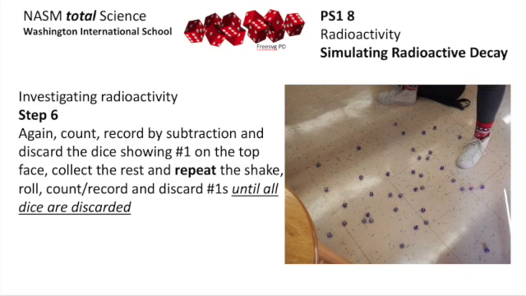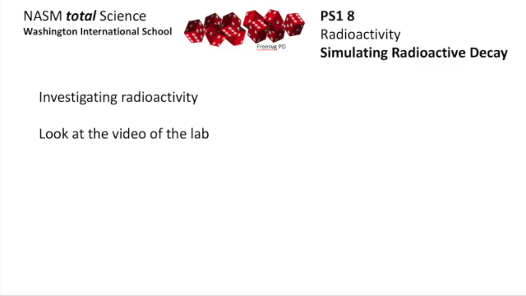And keep recording your data by subtracting the number that you've discarded, and repeat the shake, roll, count, record, discard the number 1s until all the dice have been discarded, every single one. And we'll just have a look at a video of this activity.